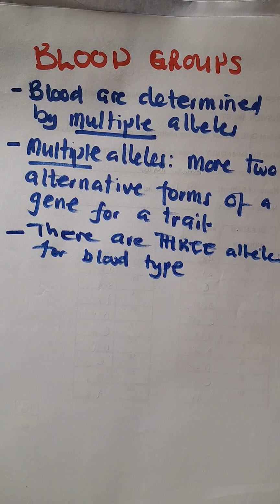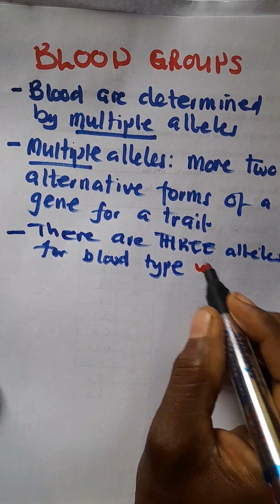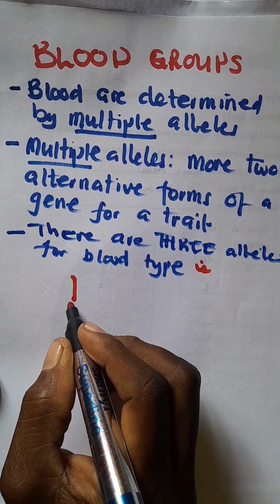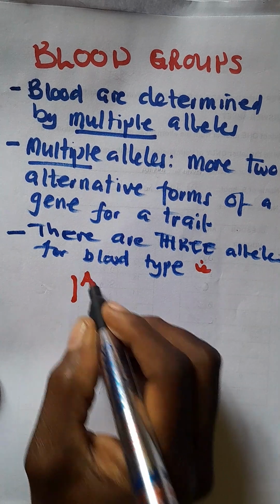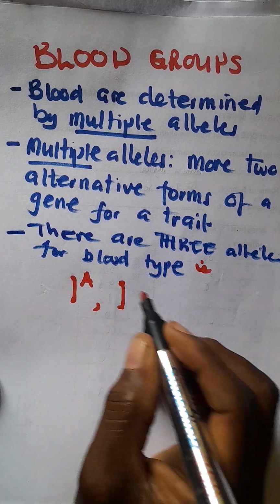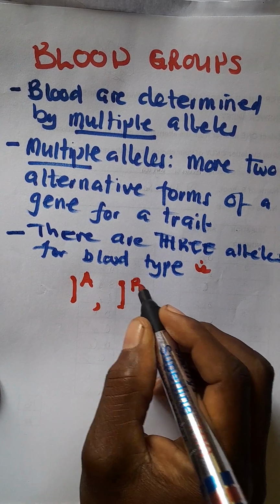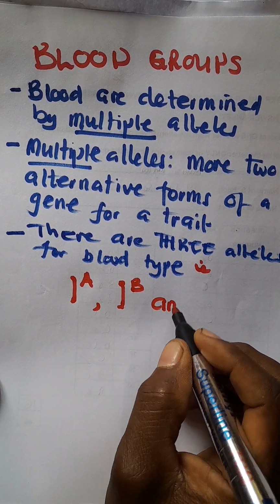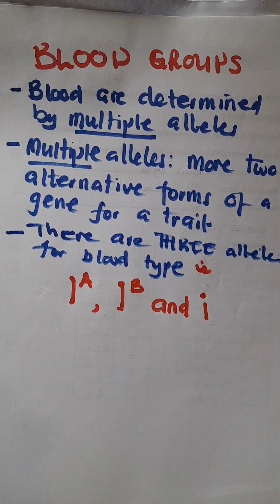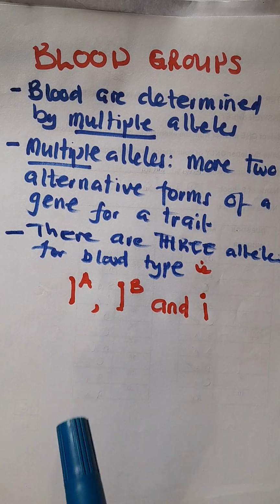These alleles are I^A, I^B, and I recessive. So there are three alleles. These are the alleles that determine the blood group.